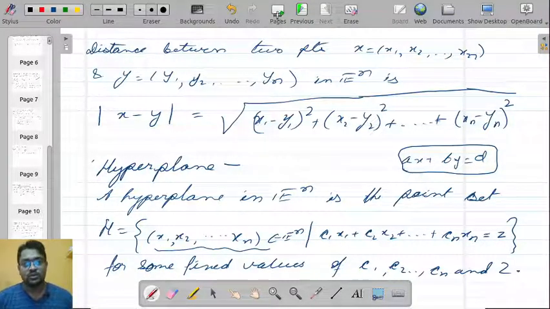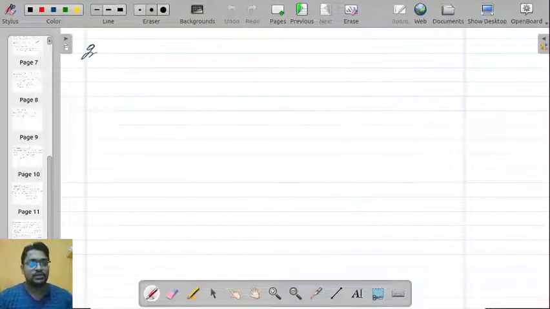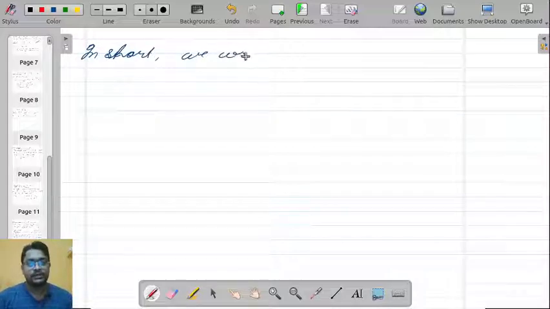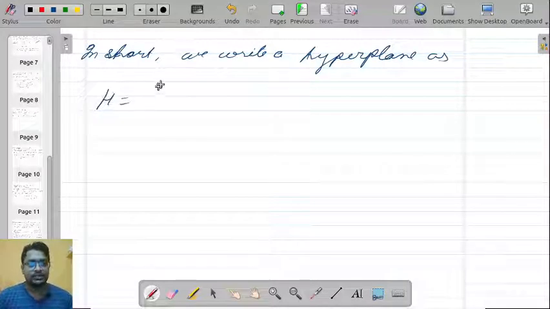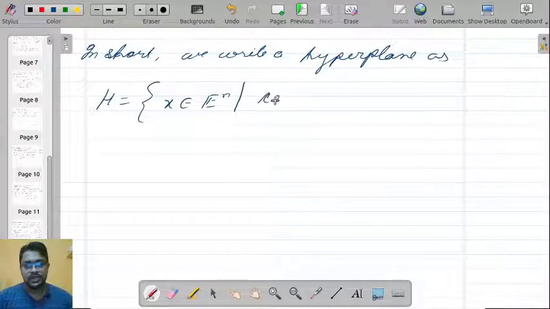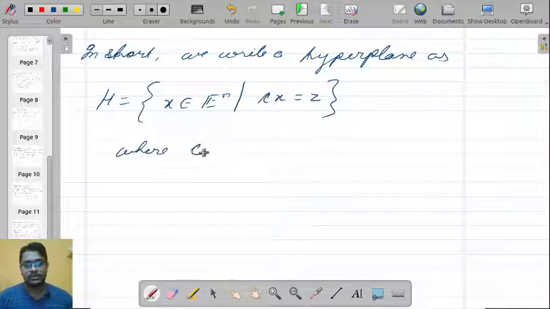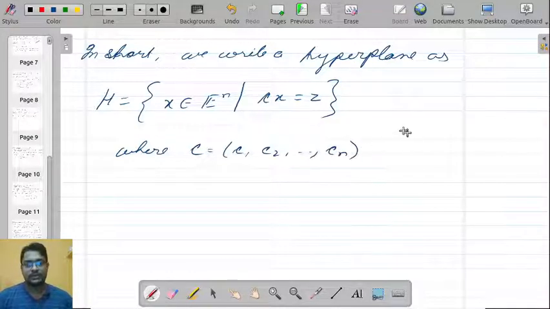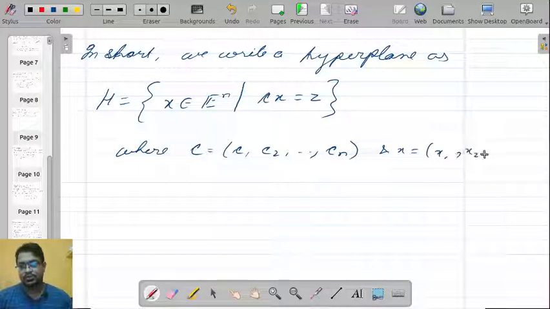In short, we write a hyperplane as H equal to the set of x belonging to E to the power n such that cx equal to z, where c is the vector (c1, c2, up to cn), and x is equal to (x1, x2, up to xn).